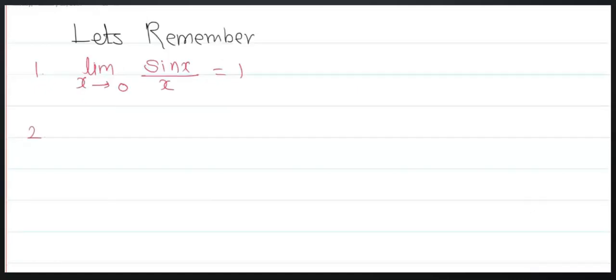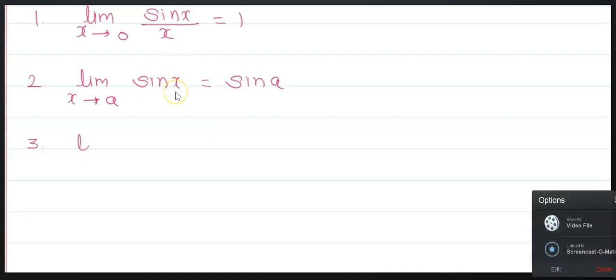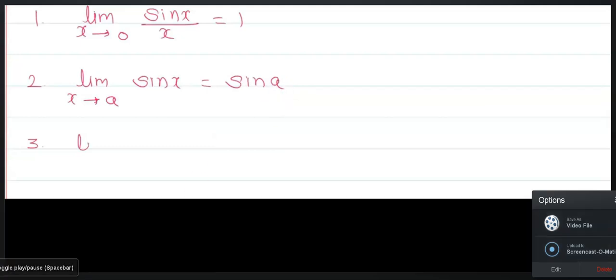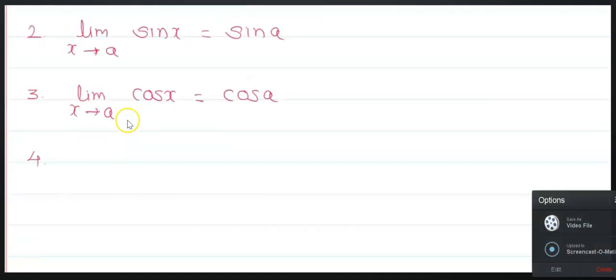Limit x tends to 0, sin x upon x is 1. Limit x tends to a, sin x is equal to sin a, that is, x is replaced by a. Next, limit x tends to a, cos x is equal to cos a, that is, x is replaced by a.